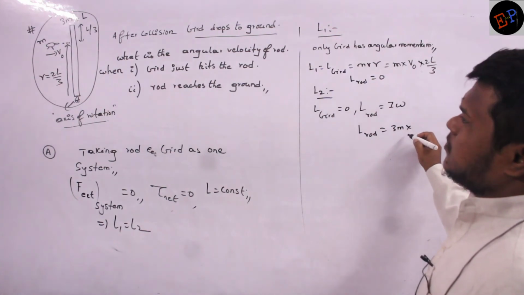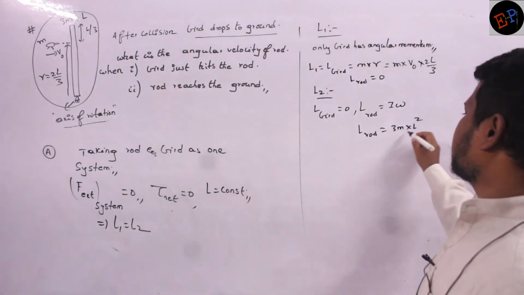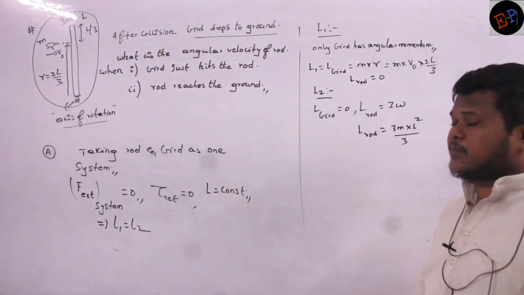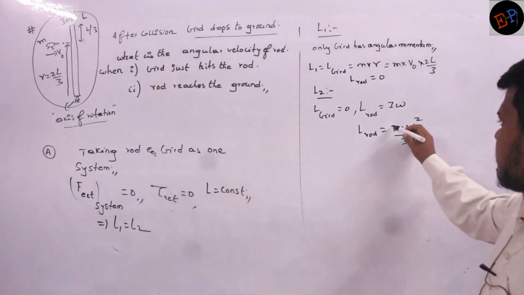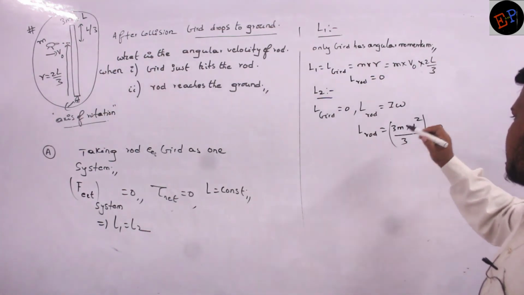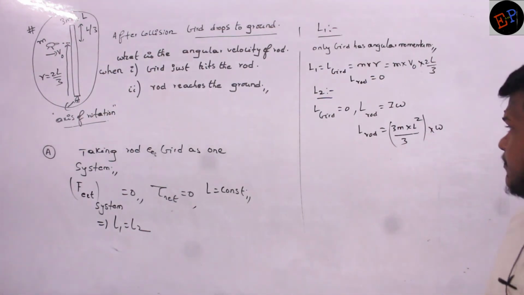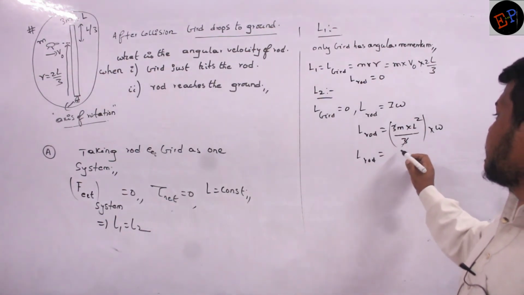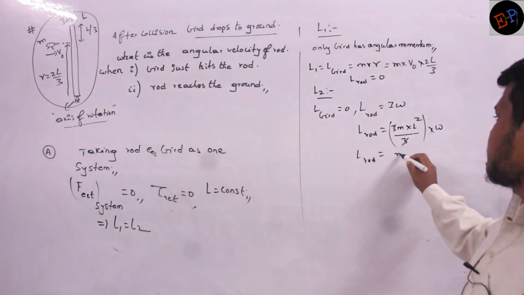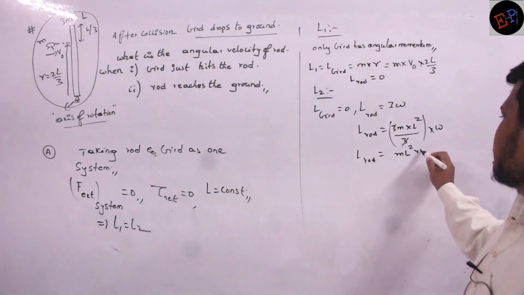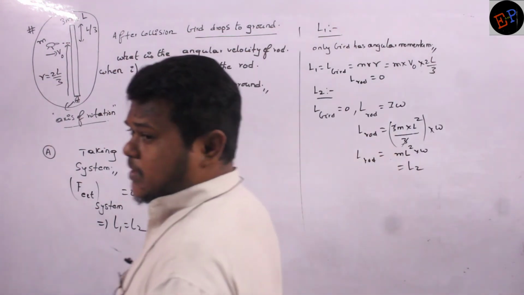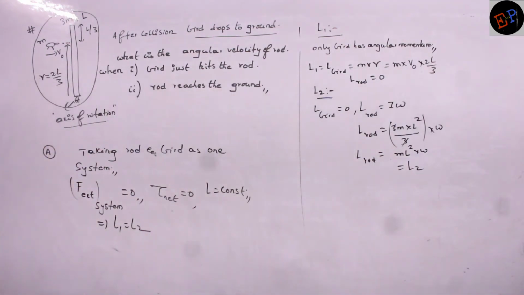And what is the length of the rod? L only. So the moment of inertia is 3m L square divided by 3, multiplied by its angular velocity, let it be omega. So the 3 and 3 get cancelled, and the angular momentum of the total system is ml square multiplied by omega. This is also equal to L2, the final angular momentum.